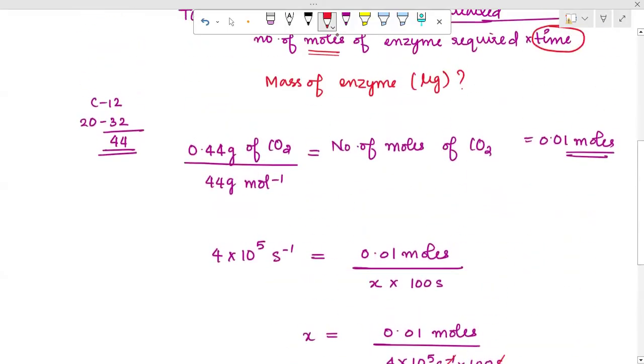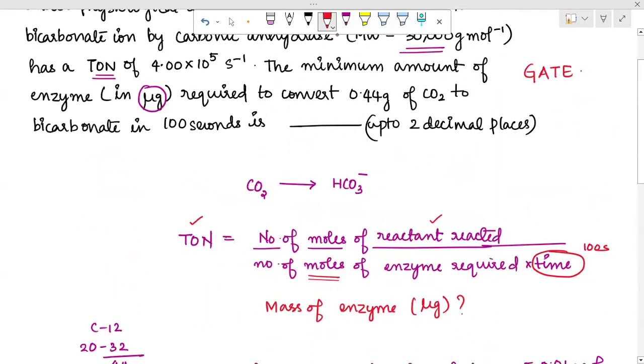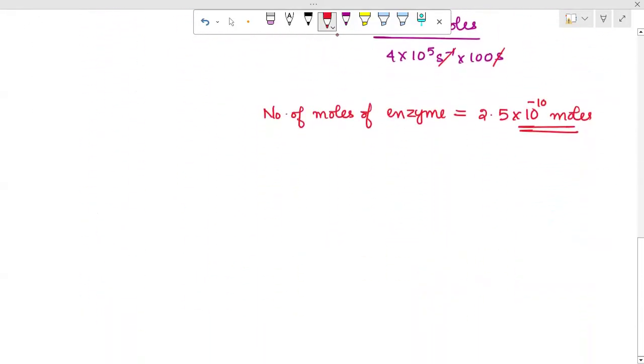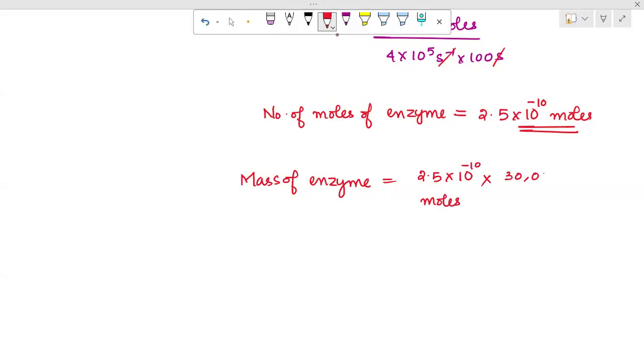Now in the question, they have not asked the number of moles. Instead, they have asked the mass. So we already know that to find the mass of the enzyme, it is just the number of moles, 2.5 into 10 to the power minus 10 moles, into the molecular weight of the enzyme, which is given as 30,000 grams per mole.